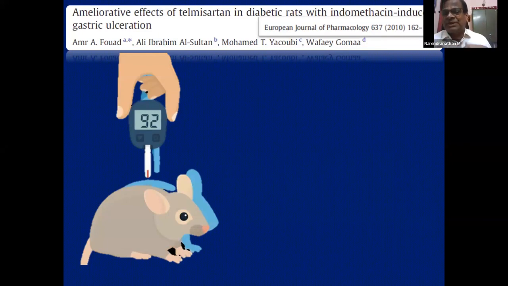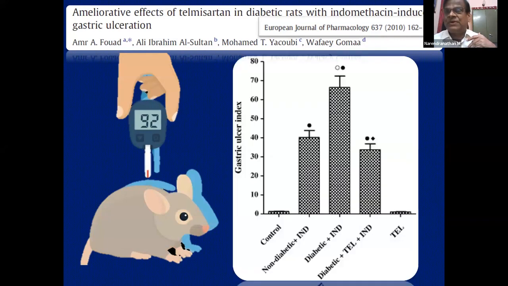People have shown that in indomethacin induced ulcers in rats, telmisartan prevents ulcerations. If you look at the third bar, in diabetic rats with telmisartan and indomethacin, the ulcer index is very low compared to diabetics with indomethacin alone. But we may not use it because it will reduce the blood pressure also.